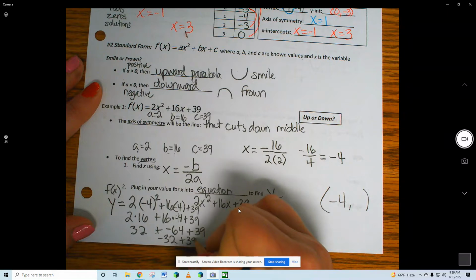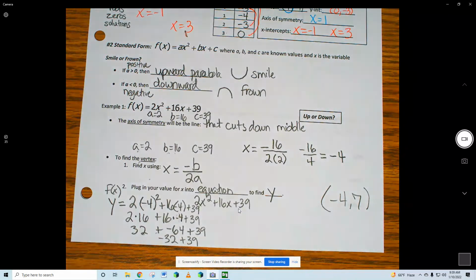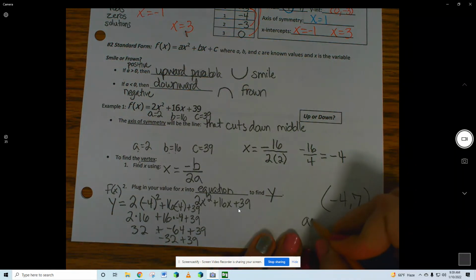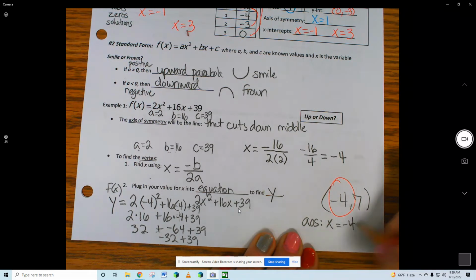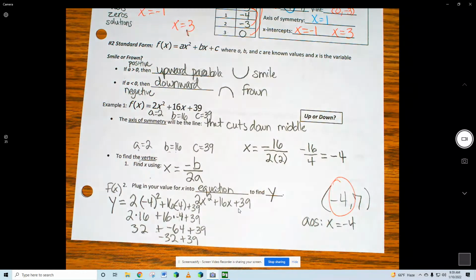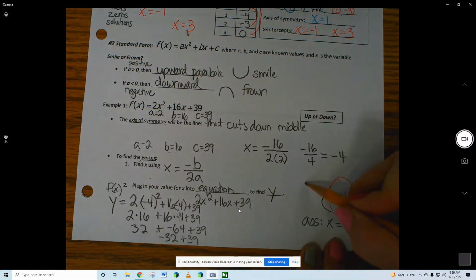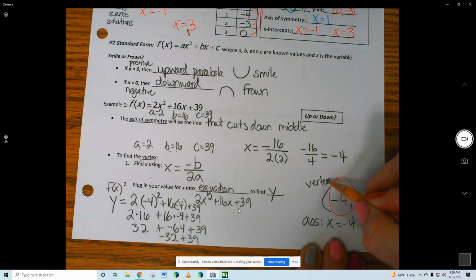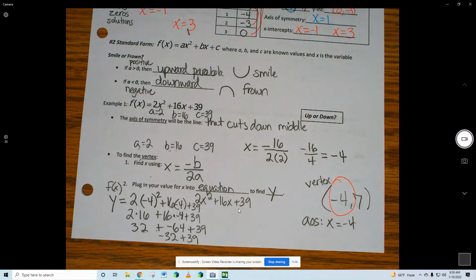Plus 39, that's just 7. By the way, the axis of symmetry would be the first number here. X equals negative 4. That's the line that would cut my parabola in half. So here's my vertex, and here's my axis of symmetry. Negative b over 2a. You're going to be doing it a lot today and in homework.